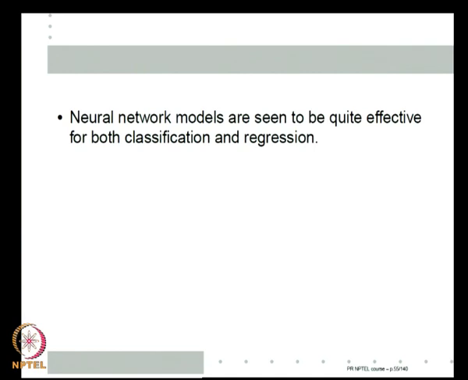Backpropagation is a very elegant way of doing this. So, the model, the algorithm, everything is clear. Neural network models are seen to be quite good for classification and regression. They have been used in many applications. Most of your MATLAB toolkits always contain this now, and in many applications they seem to be quite effective.